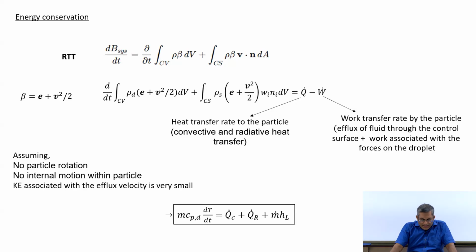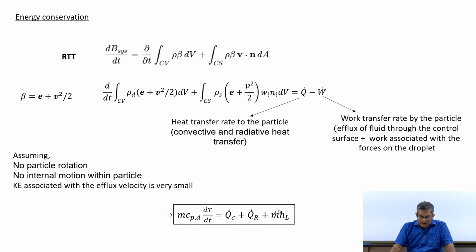So, if we neglect that, then it is possible to show that this equation simplifies to this expression, where we have mass times specific heat times the rate of change of the temperature of the particle, which is equal to the convective heat transfer rate plus radiative heat transfer rate, plus the contribution from the phase change.